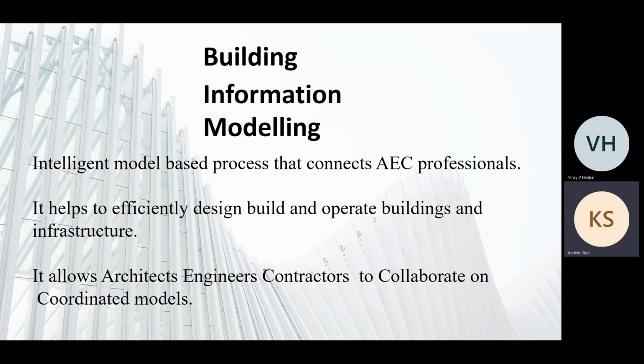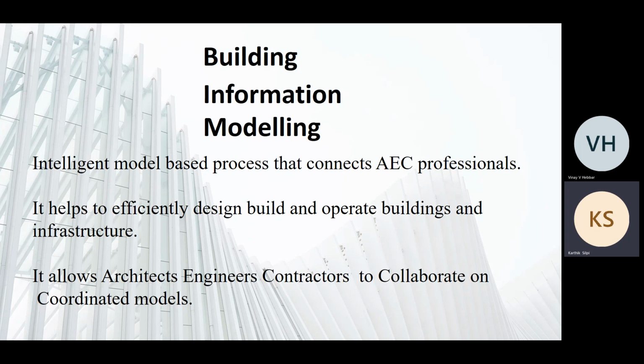There are two concepts here: collaboration and coordination. Collaboration is, say, here we have architects and engineers who are from different fields. They have to collaborate on the same project or the same file. You can divide the file between them, and at the end of the day, everyone's work can be loaded into the central file. That is what collaboration is. Then what is coordination?